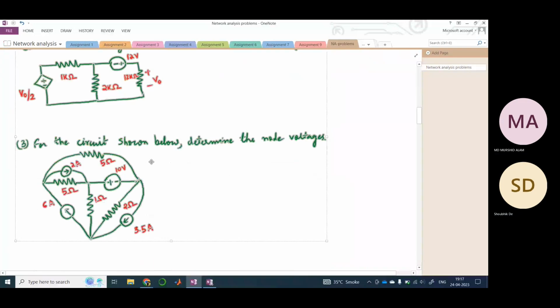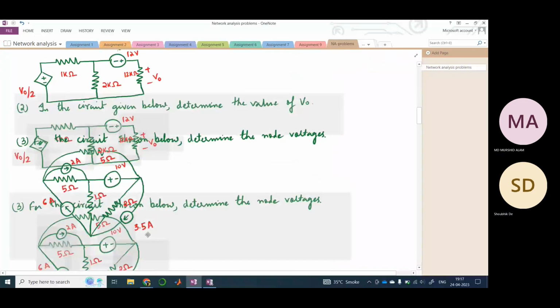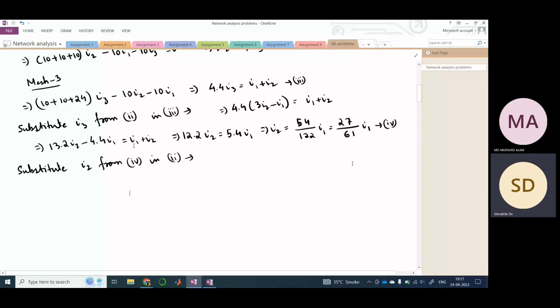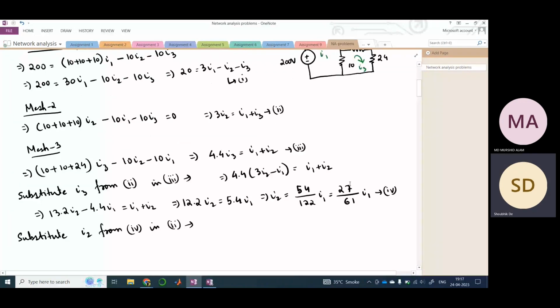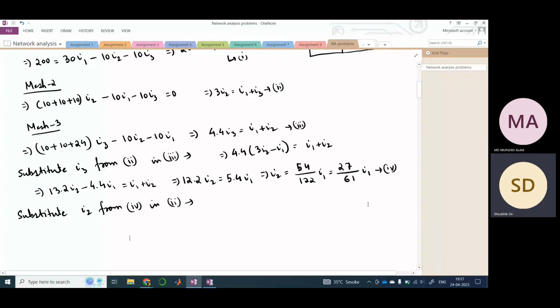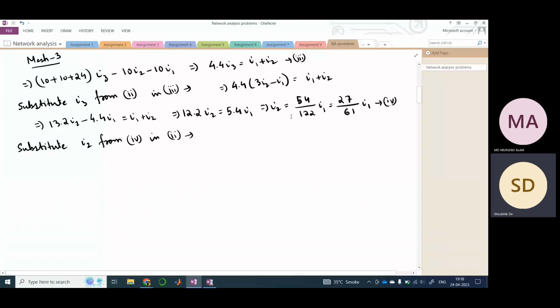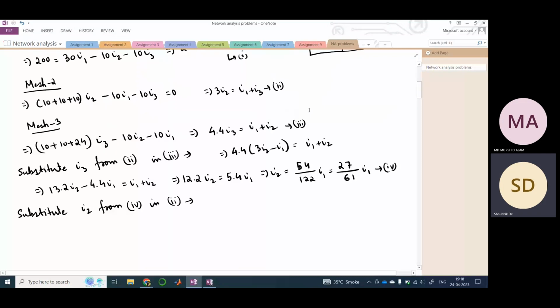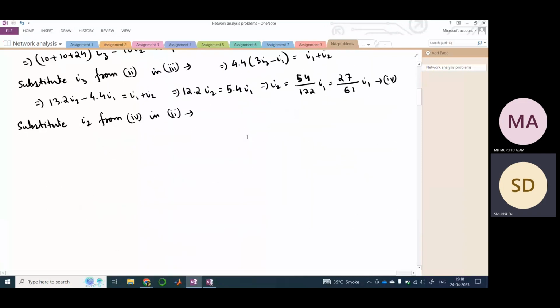Just hold on. So if we do that, we are substituting I2 from 4 in equation number 2, right? So it's like 3 I2 equals I1 plus I3, right?